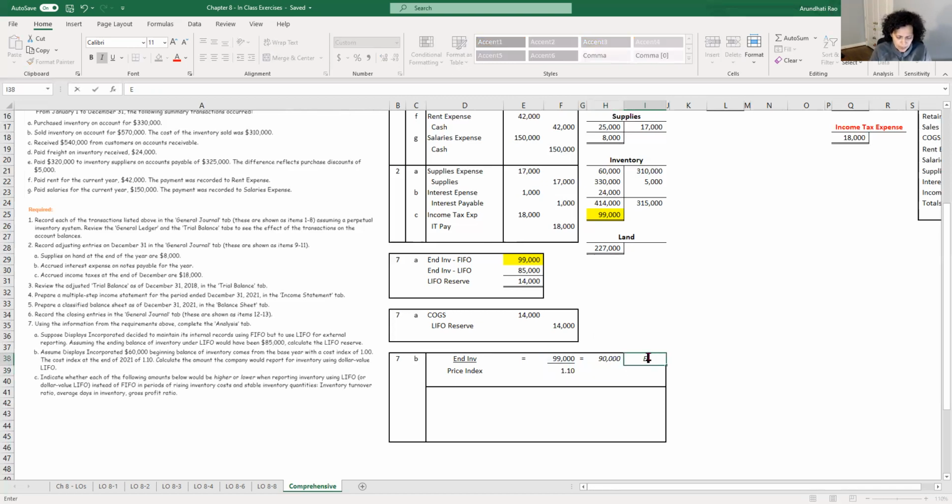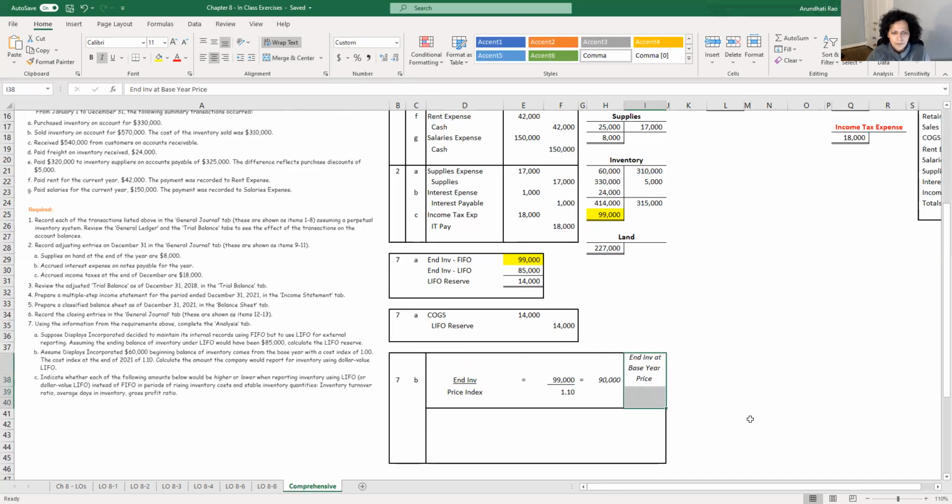This number is the ending inventory at base year price. Again, as I mentioned in class, what we're saying over here is ending inventory using base year price is only $90,000.